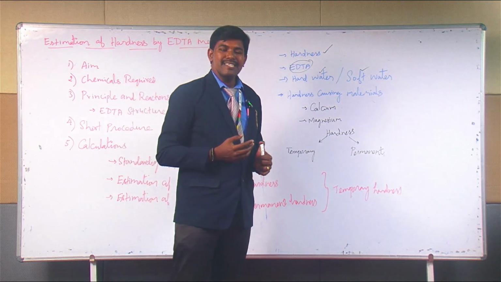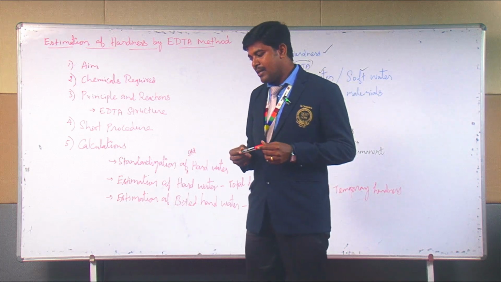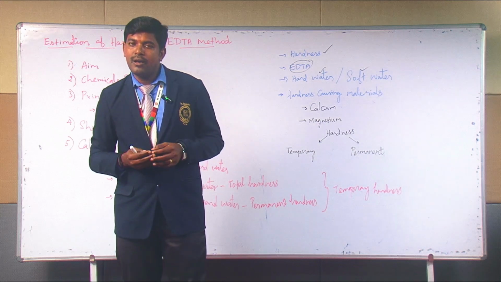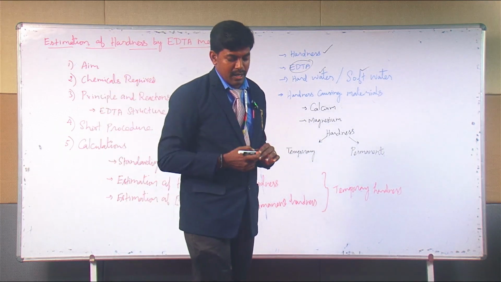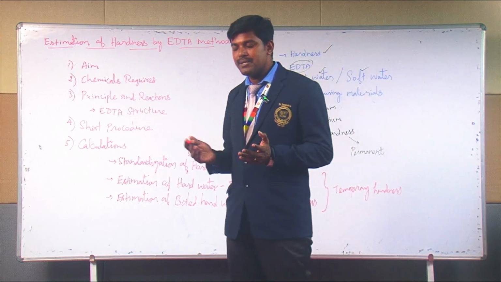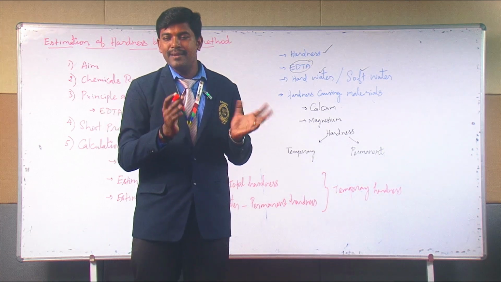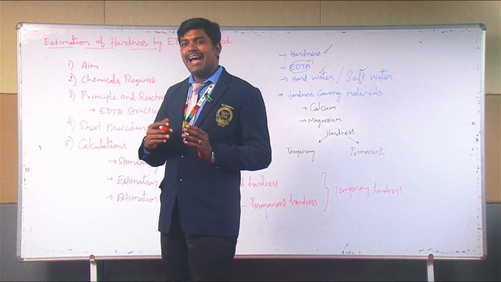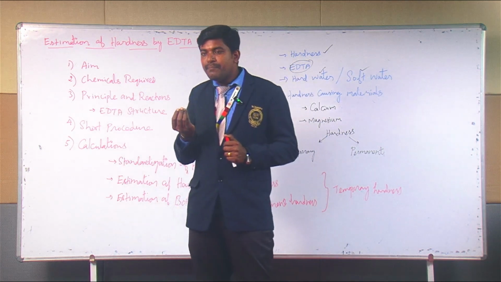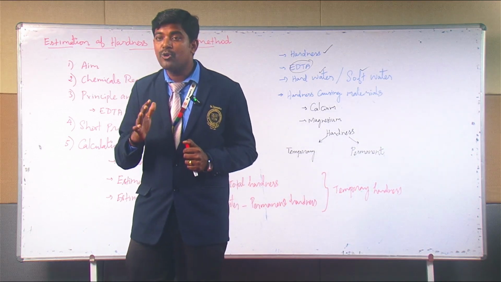The temporary hardness can be removed by simple boiling. For example, you may observe at your home, if you boil the tap water, not reverse osmosis treated water, just tap water for bathing or any other purpose, in the gas stove, after boiling the water you may notice some white color precipitate floating on the water.